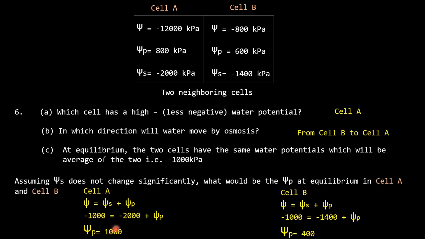But the two cells are at equilibrium. Water is not moving from anywhere. At equilibrium, the solute potentials are slightly different, and so that is balanced by the slightly different pressure potentials. So the cells are at equilibrium. Very neat. Now let's get on to another question.